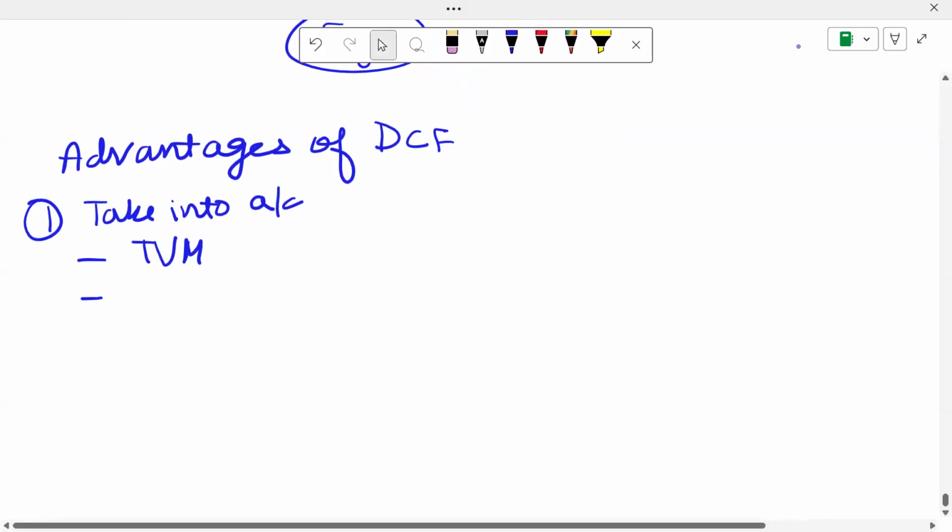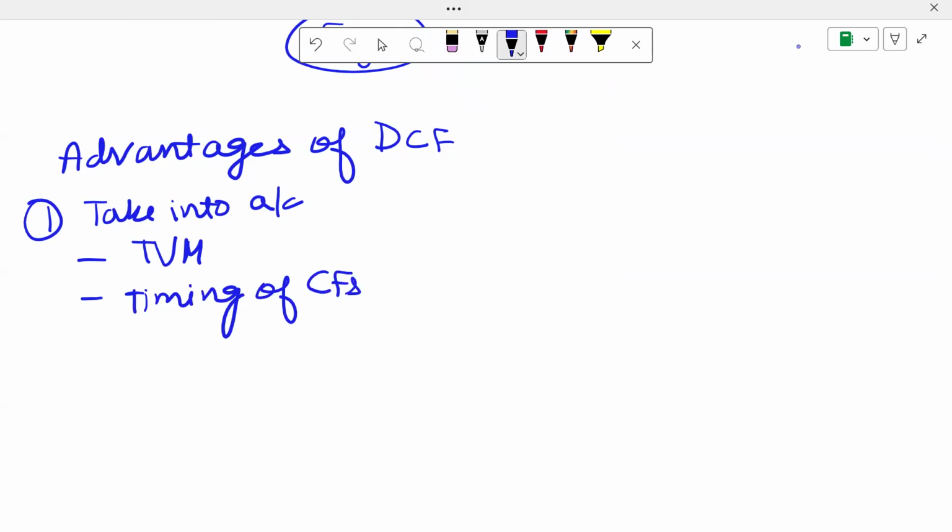They also take into account the timing of your cash flows, that means when exactly your cash flows are coming in. That is also very important. Then the third thing is that cash flows over the entire life of the project are considered.